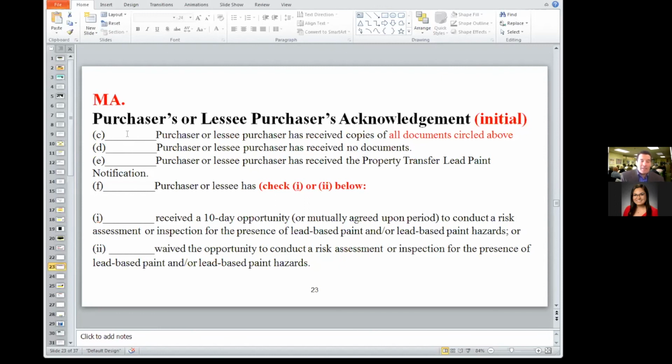So I know why it's confusing. Anybody who has a New Hampshire license or went to a New Hampshire or Connecticut course on lead, you are confused because you're looking at a federal form, which is a totally different animal. In Massachusetts, you pick and choose. It's very simple. Look above. If you have no documents at all that are attached, then you go with the D. If you have documents and you receive them, you go with the C.